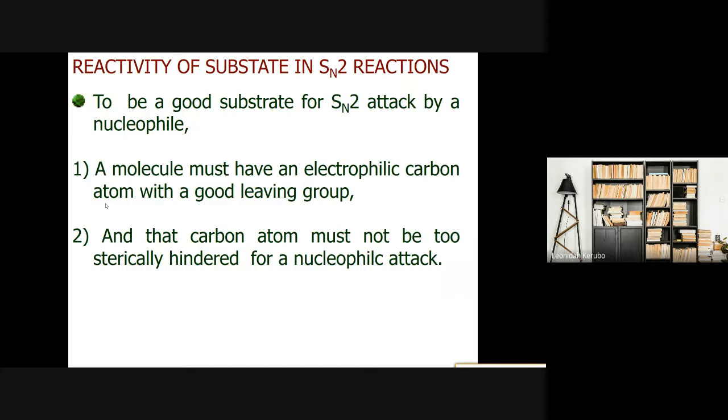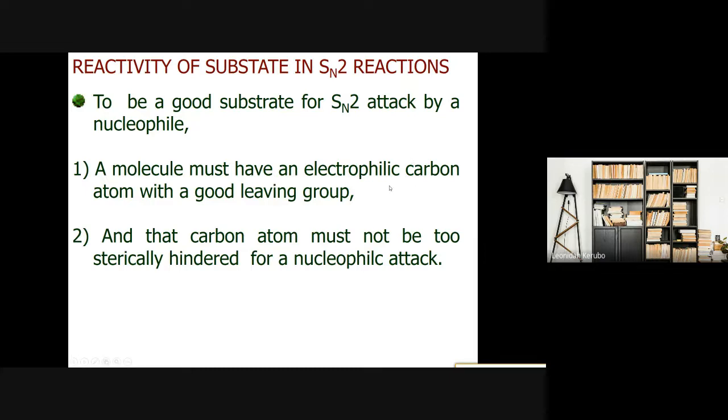For the alkyl halide, the leaving groups are the halides. And the carbon has to be electrophilic because it's attached to the halogen, which is more electronegative. The carbon is electrophilic.